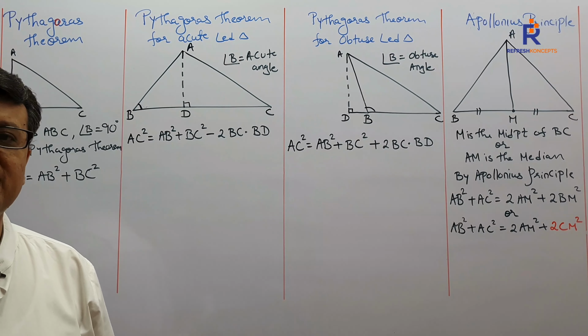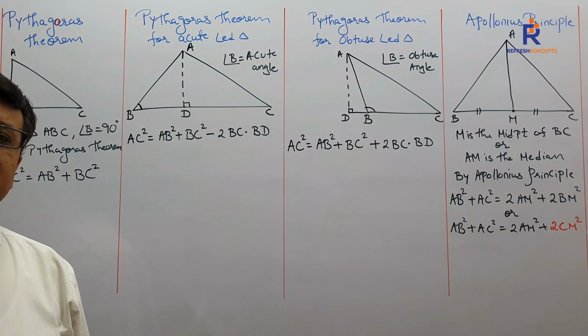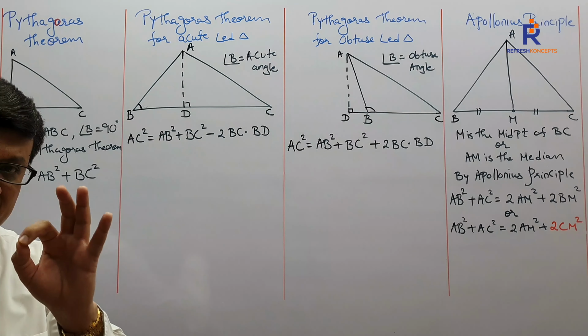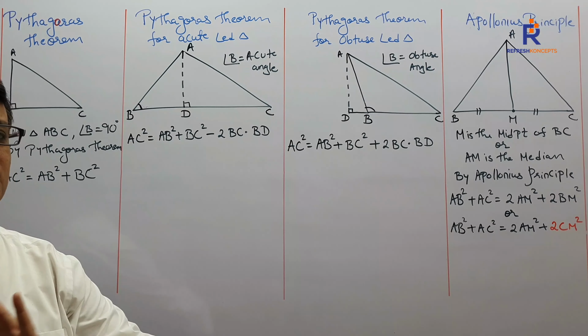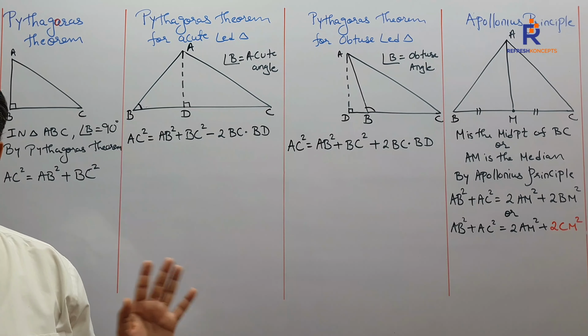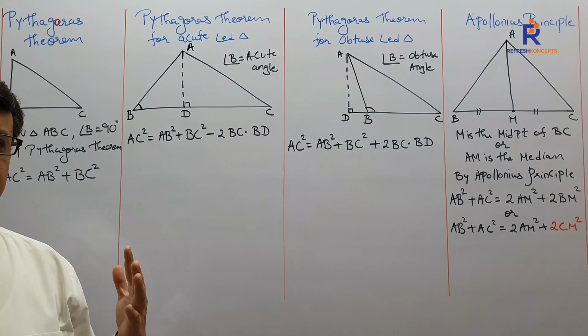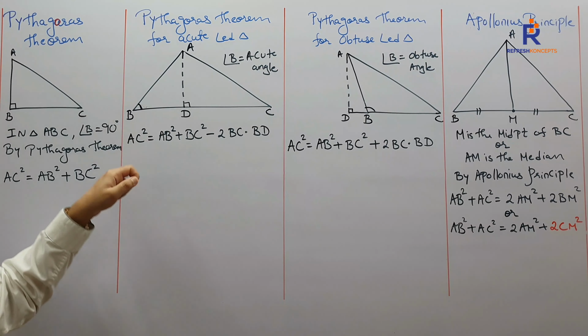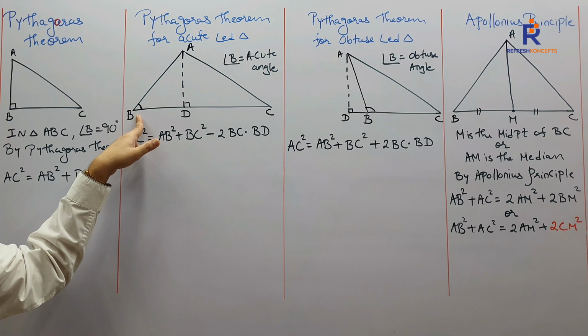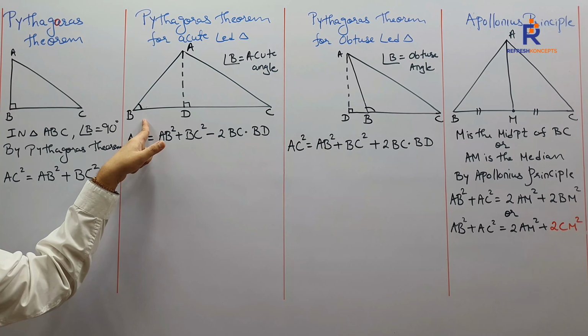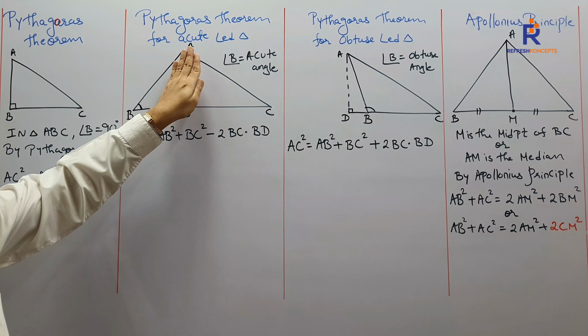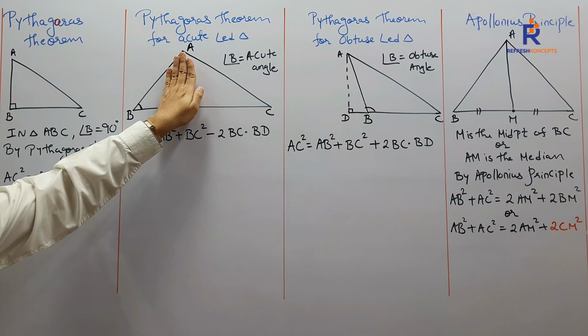So now I'm going to say something which is nowhere in any theory. It's only an easy way to remember. Mind you, this is nowhere in the theory. This is only the way in which I ask my students to remember. If I pick up acute angle B, who is the side opposite to angle B?